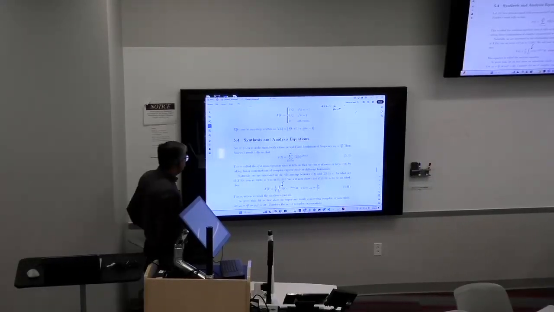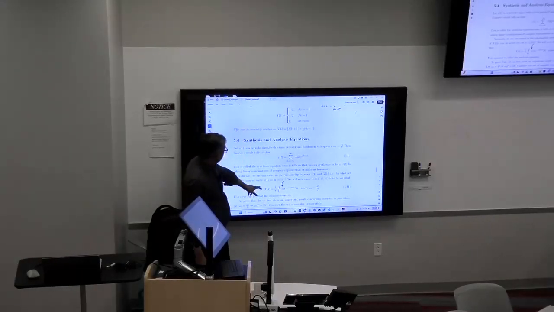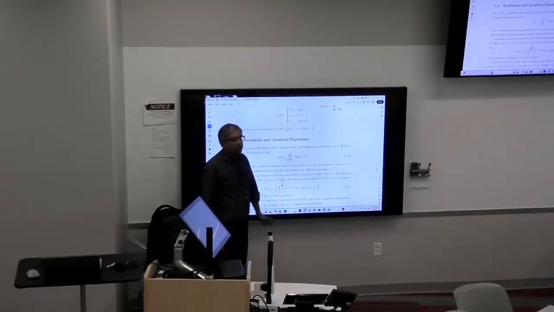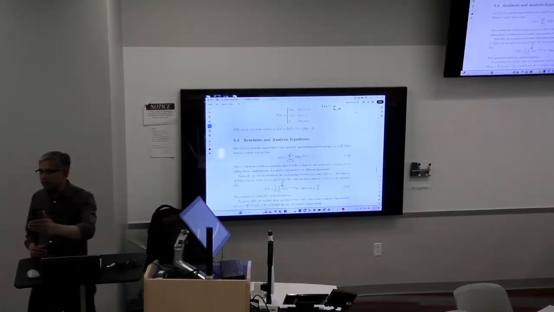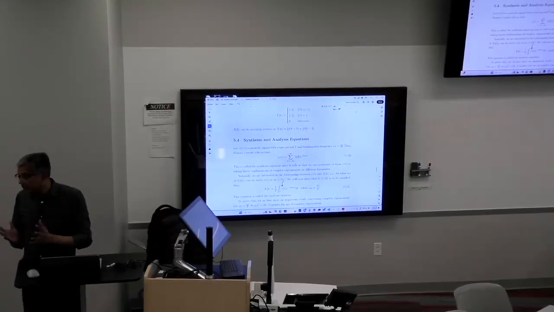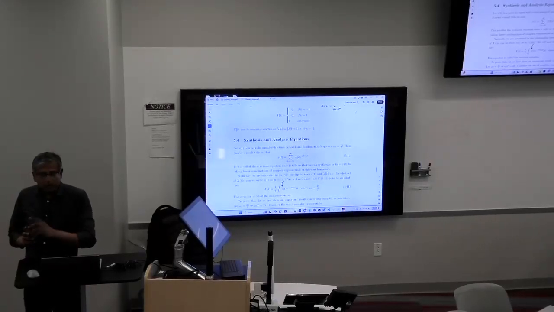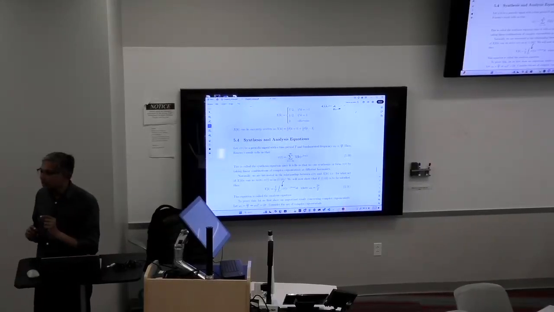So it turns out if I give you an x of t and I ask you to compute x of k, you can take the integral over one time period. Integral over t means either you integrate from -T over 2 to +T over 2 or 0 to T. You choose whatever you want to integrate. It doesn't really matter. 1 over T times the integral of x of t times e to the j k omega naught t dt.